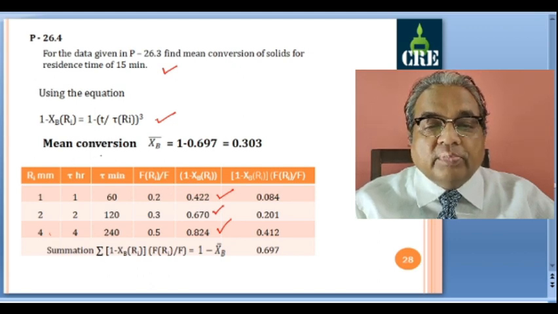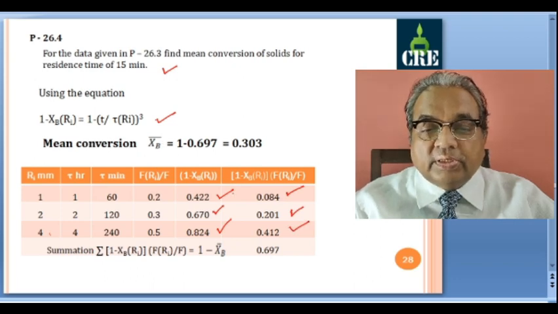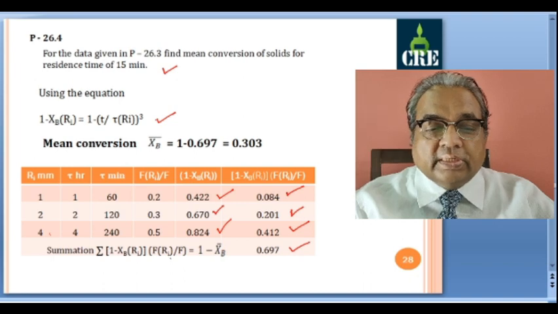To find the mean conversion, we sum each value multiplied by the corresponding fraction. In each case, I multiply the 1 minus XB of Ri value by the FRi by F value for R1, R2 and R3. Summation of these three values gives XB bar, the mean conversion in the plug flow reactor. These values are calculated and sum up to 0.697.